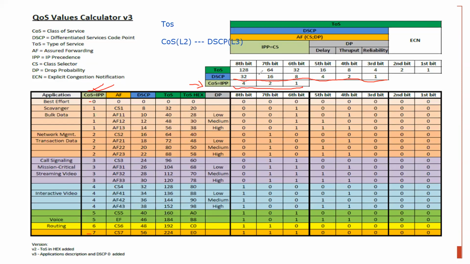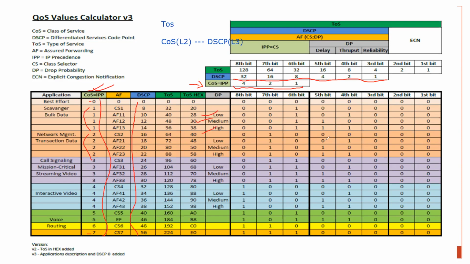So you can see here that the DSCP marking we are mapping with the COS. And in the COS you also have low priority, medium priority, and high priority.